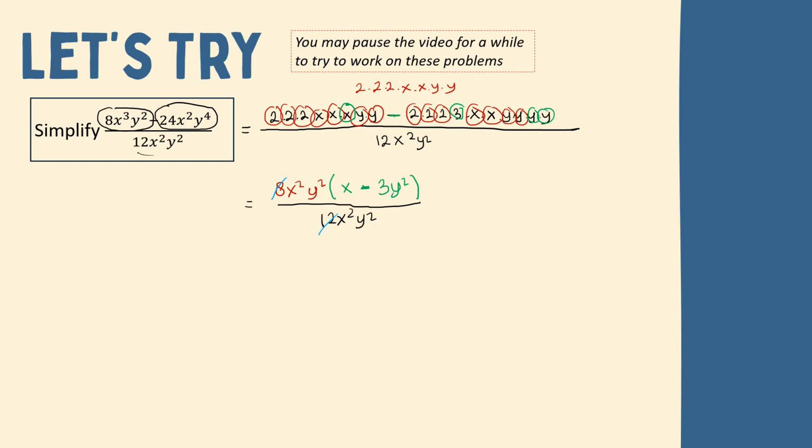8 divided by 4 we get 2, 12 divided by 4 we get 3, and then for the x squared we can divide it by x squared, so we cancel it, and y squared we can cancel also. So the simplest form of this algebraic fraction is 2 times inside the bracket x minus 3y squared all over 3, or 2 over 3 times x minus 3y squared.